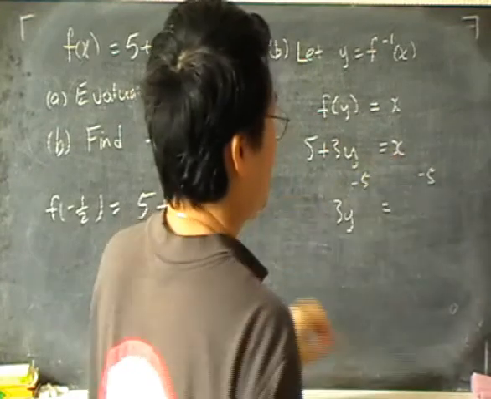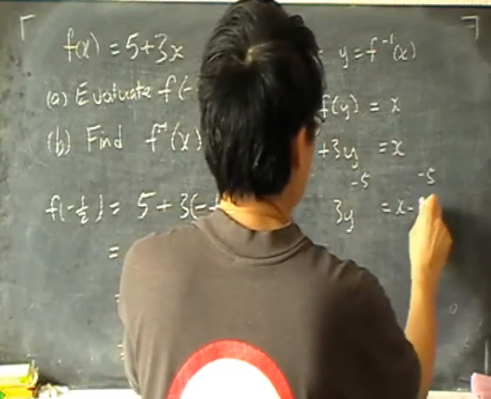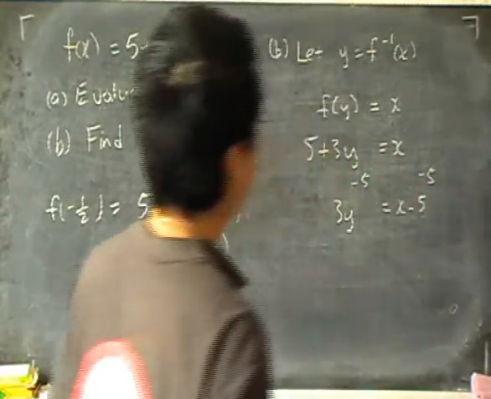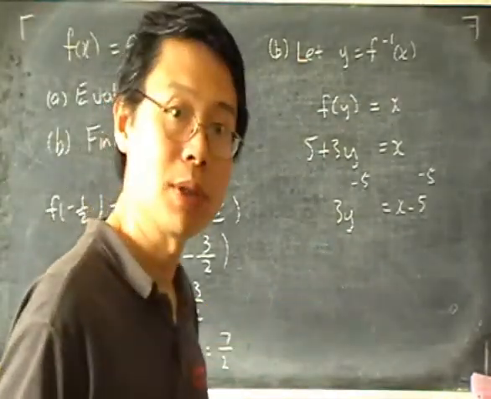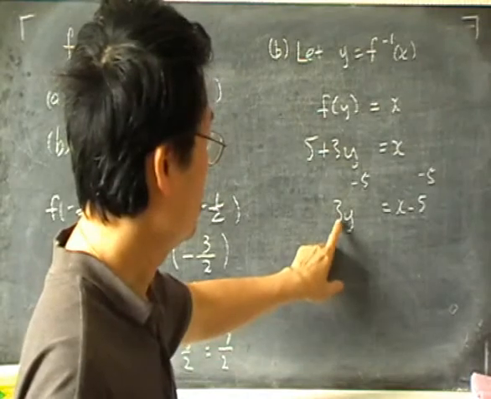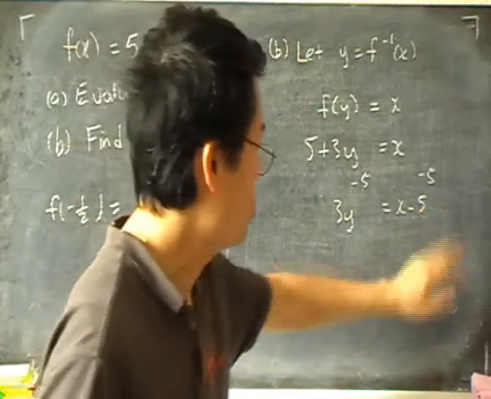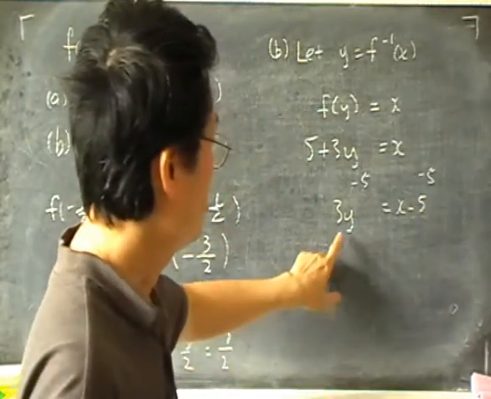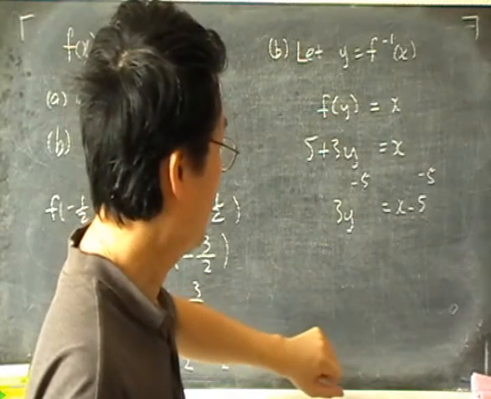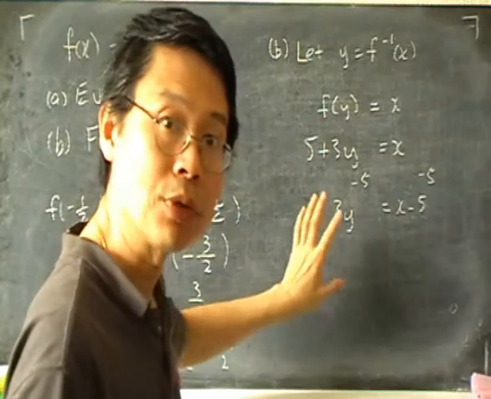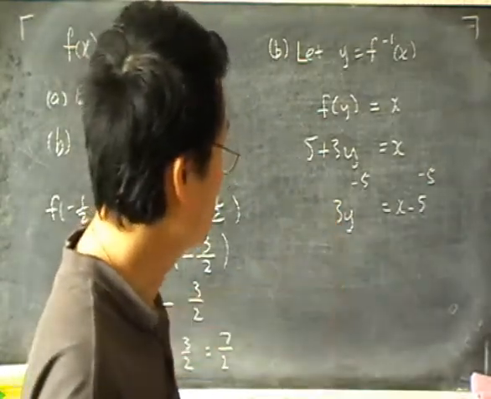And on the right side, I have x minus 5. Looks a bit simpler now. On the left side, I have 3y, and I must do something to the 3. I really want just the y on this side.